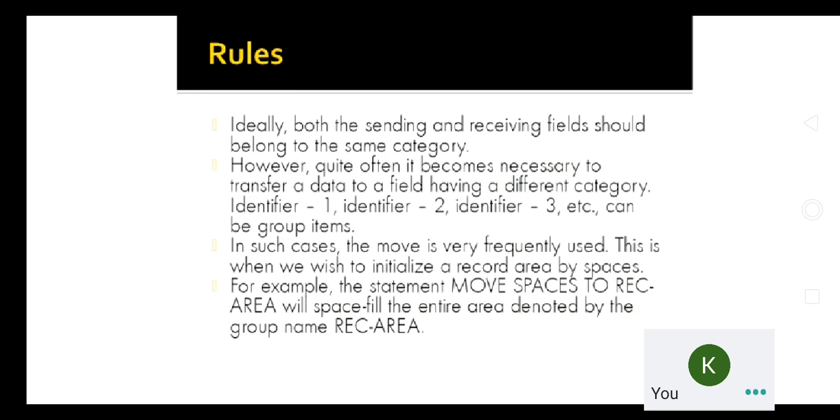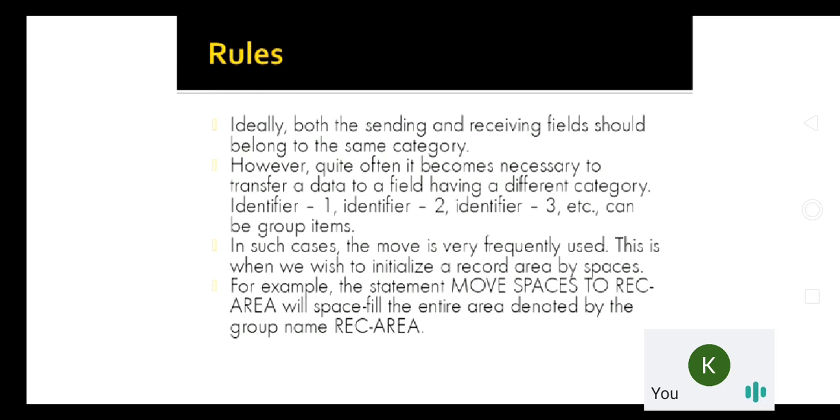So you have things like initializing a record area by spaces. Record area refers to actually files. Suppose you have some files and you have records there, those will be filled by spaces. Here is an example: the statement MOVE SPACES TO REC-AREA will space fill the entire area denoted by the group name REC-AREA. A group data item, in the sense, to specify a particular file's data values, we use more than one data name.